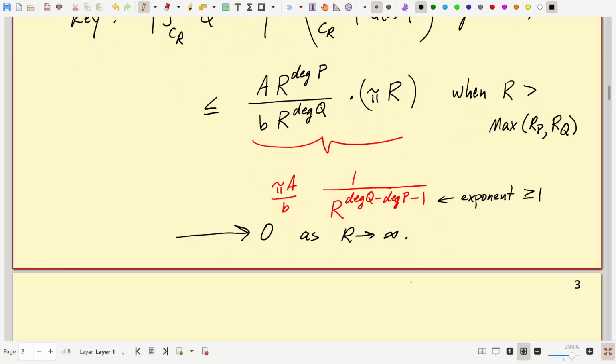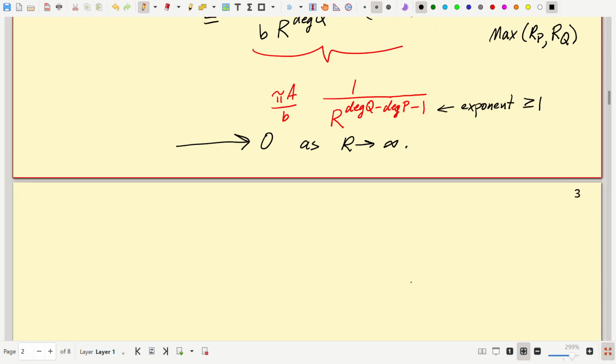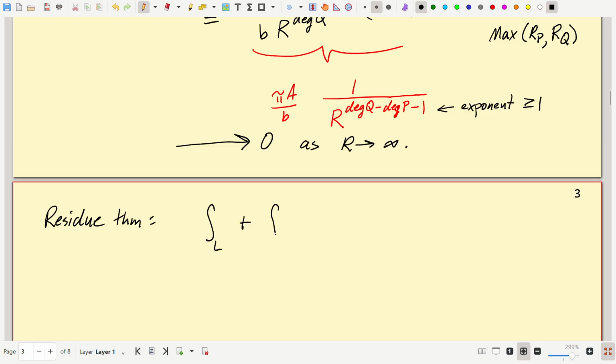And so when I use the residue theorem, I would get the integral around the line part plus the integral around the circular part of my f dz would be 2 pi i times the sum of the residues of the f for the a that are in this.